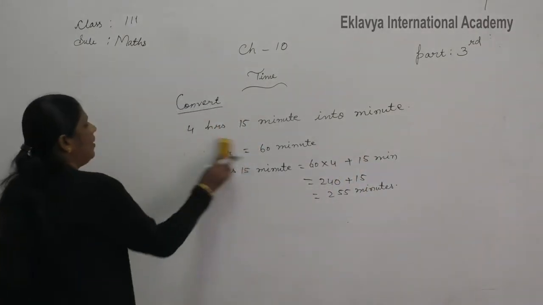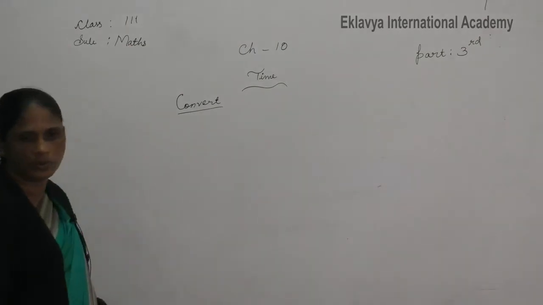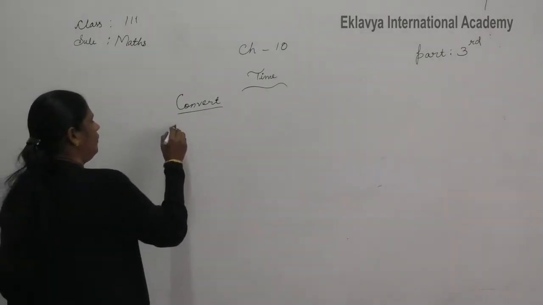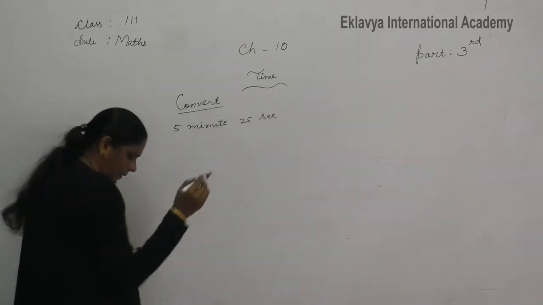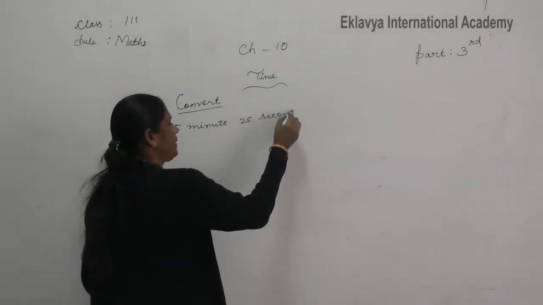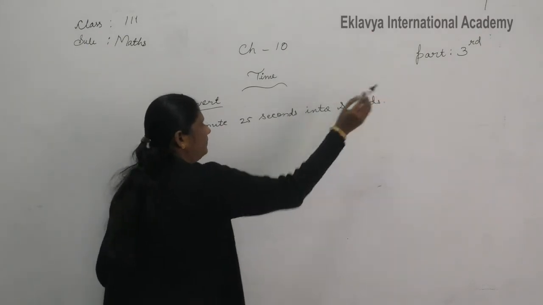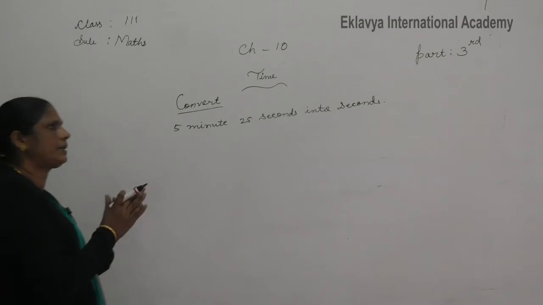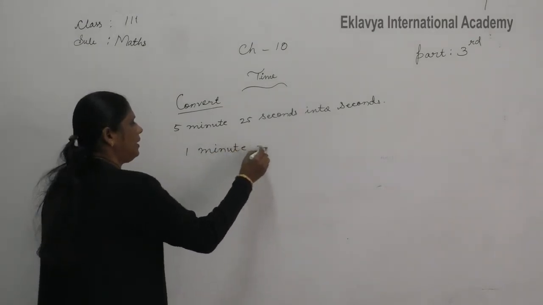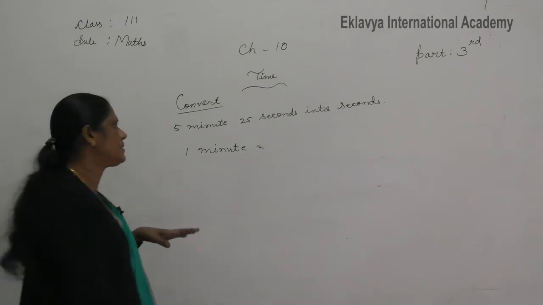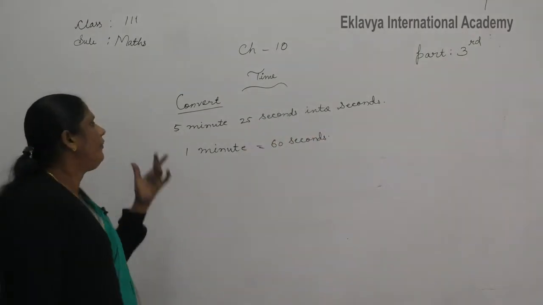Then now minute into second. 5 minutes 25 seconds into seconds. 1 minute is equal to how many seconds? 60 seconds.